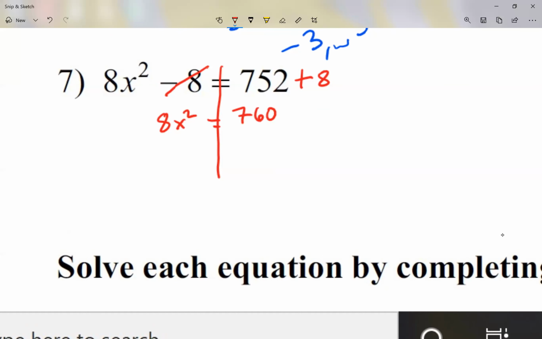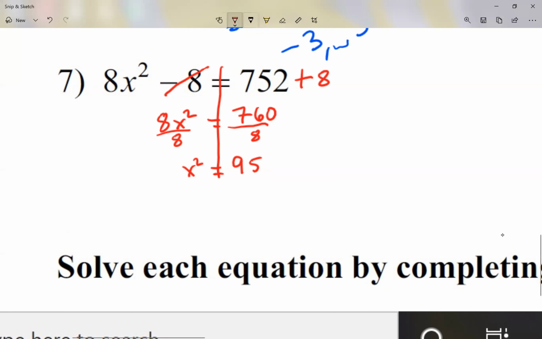Right, 752 plus 8, 760. Let me divide both sides by 8. So that gives me that x squared is equal to 95. 760 divided by 8 is 95. Use a calculator if you need to.